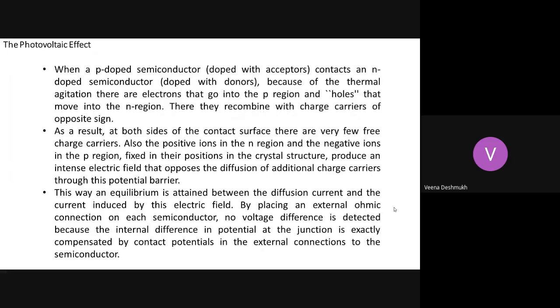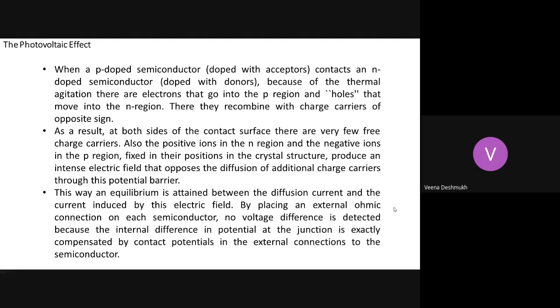So when a p-doped semiconductor, which we know is doped with acceptor atoms, comes in contact with an n-doped semiconductor, that is the one doped with donor atoms, because of thermal agitation the holes move into the n region and the electrons move into the p region.